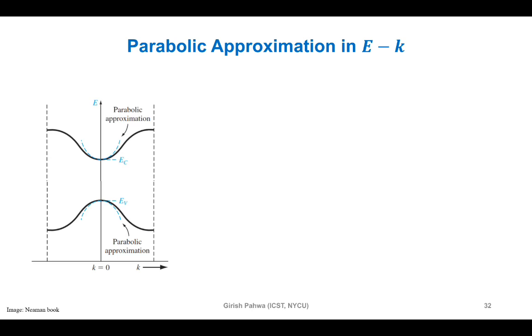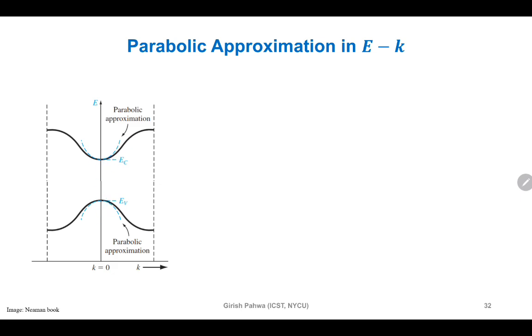What I mean by that is, say you have bands like this. You have this band and the next band is this, and the band next to that would have been like this, but let's focus our attention on these two. Say this is the valence band and this is the conduction band. Usually my carriers that can carry current lie near the bottom or the top of the band.